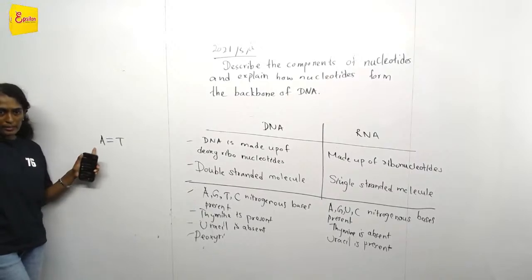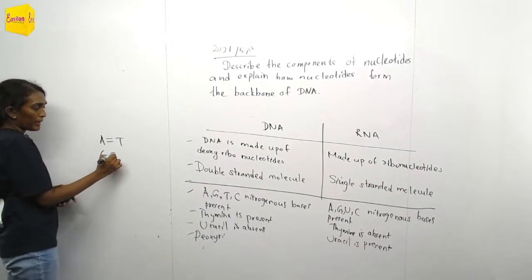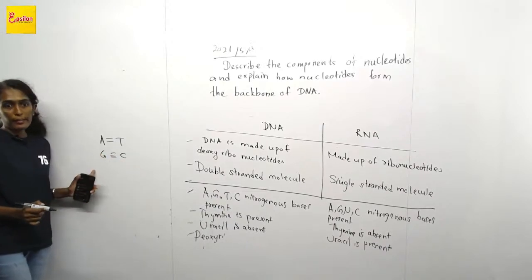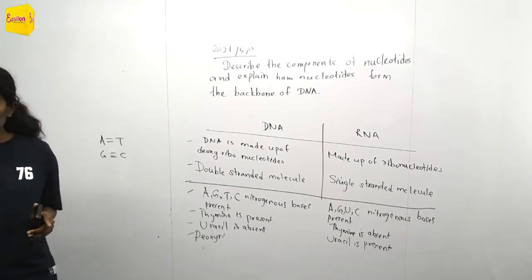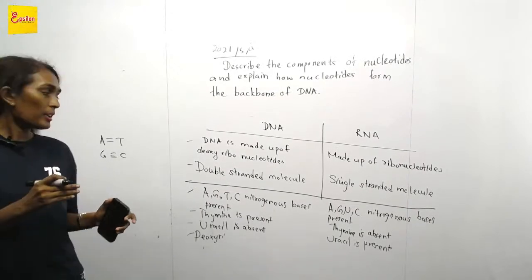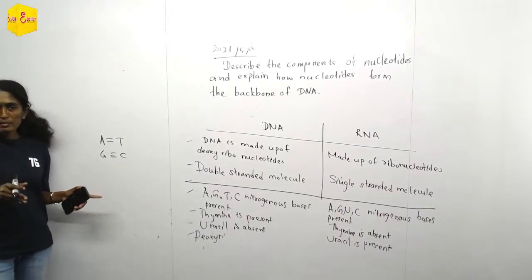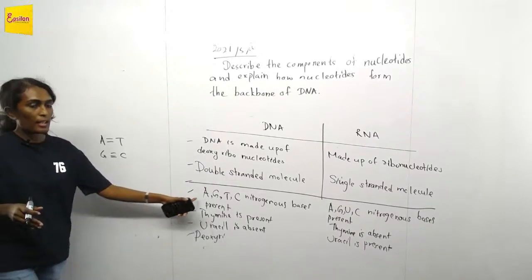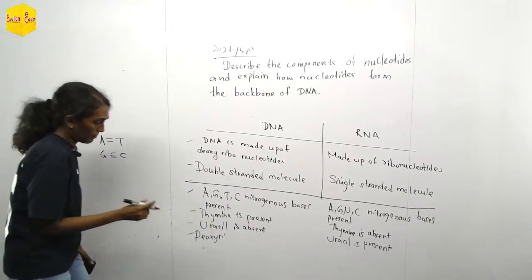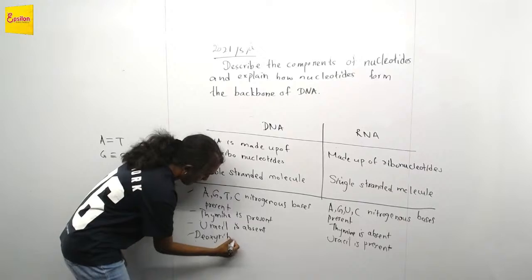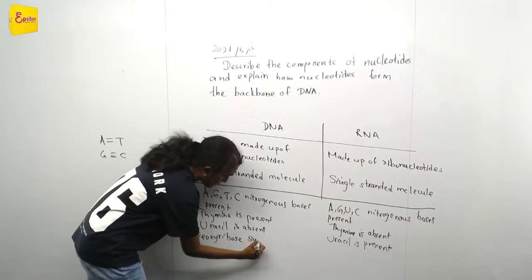Adenine and thymine, guanine and cytosine. Likewise, if you have written, you are not getting marks. You have to write that adenine and thymine make two hydrogen bonds in between, and guanine and cytosine produce three hydrogen bonds between. But these are standard ones you can use, no issue, right? Write and finish.